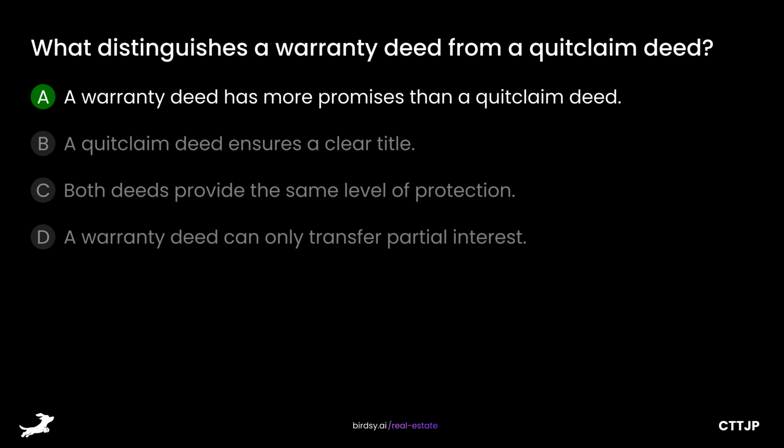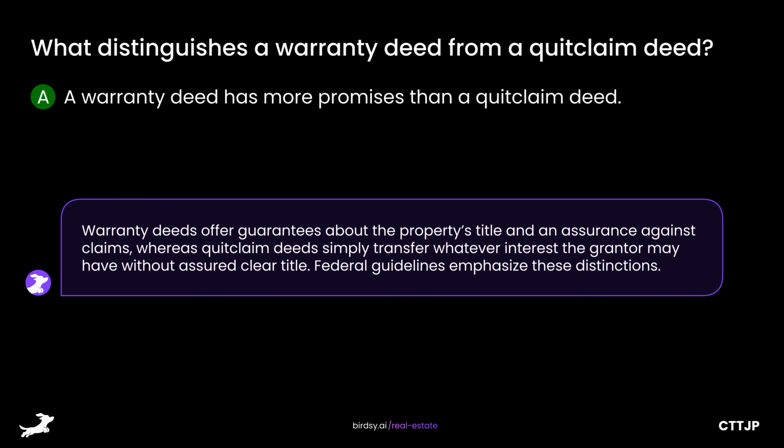The answer is A, a warranty deed has more promises than a quitclaim deed. Warranty deeds offer guarantees about the property's title and an assurance against claims, whereas quitclaim deeds simply transfer whatever interest the grantor may have without assured clear title. Federal guidelines emphasize these distinctions.